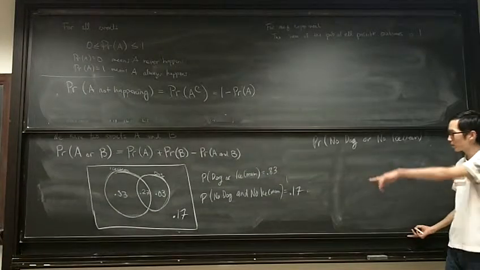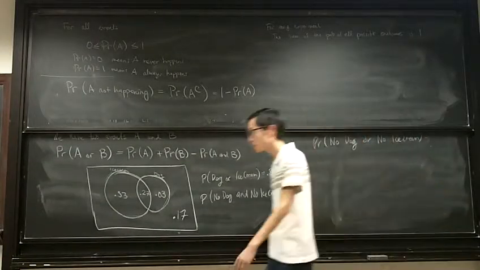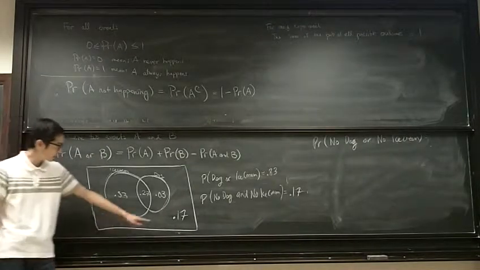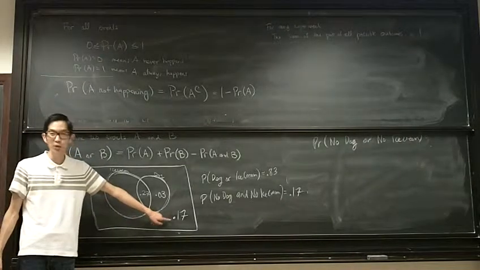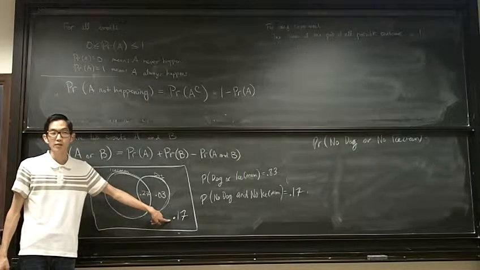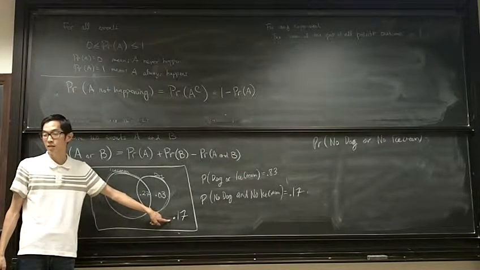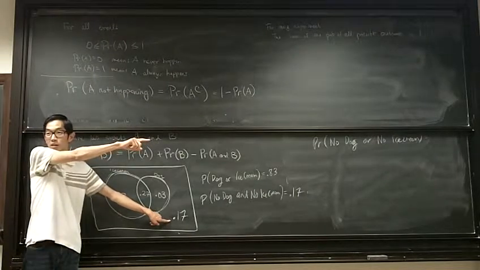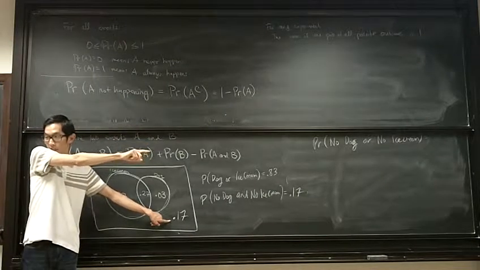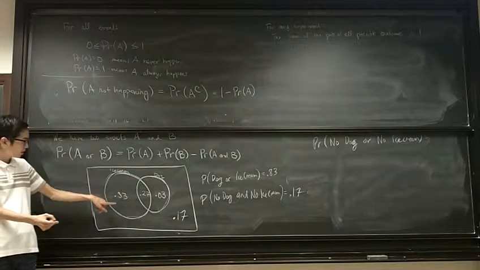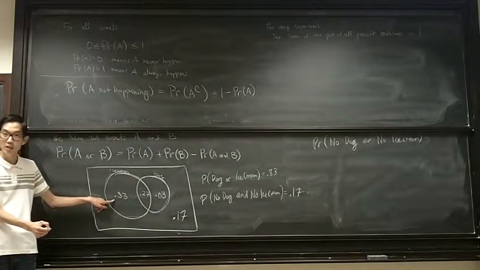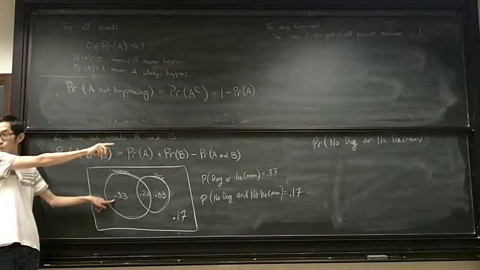Okay, well let's look at this and what qualifies. This group out here, the 0.17, these are the people who have no dog and don't like ice cream. Do these people qualify? Yes. These people like ice cream and have no dog. Do they qualify?